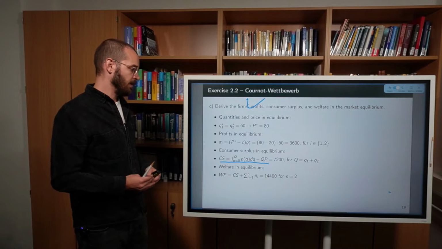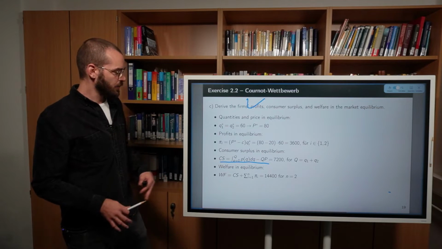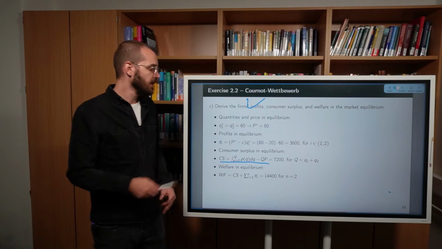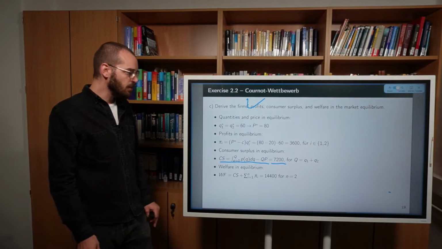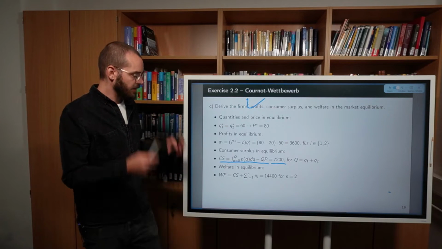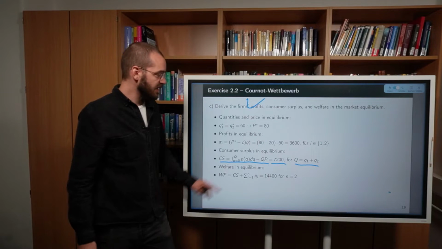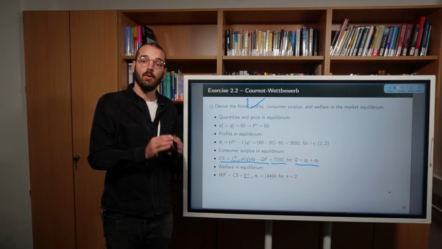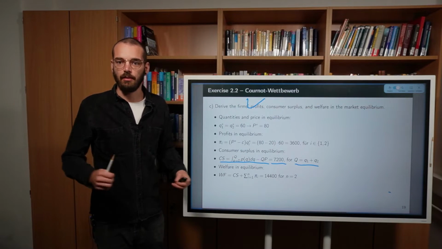Nonetheless, this formula is generally true and will yield, just like calculating the area of the triangle, a consumer surplus of 7,200, keeping in mind that the total quantity in the market is the sum of both individually produced quantities. So in total there are 120 units produced and sold on the market.